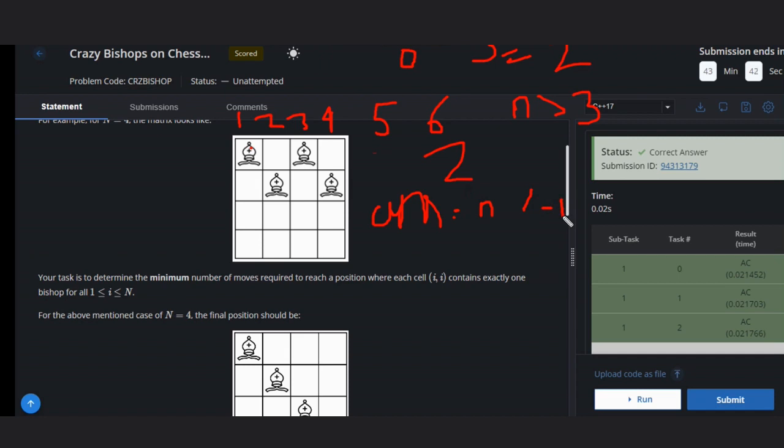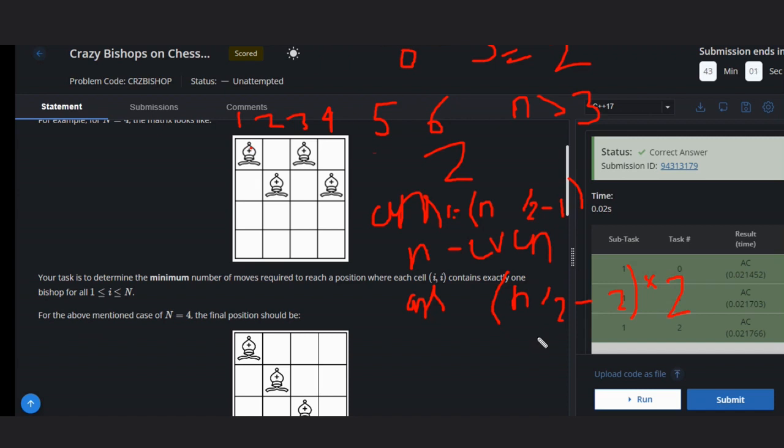Then if n is even, we will add to the answer (n/2 minus 2) into 2. So this will be the addition.